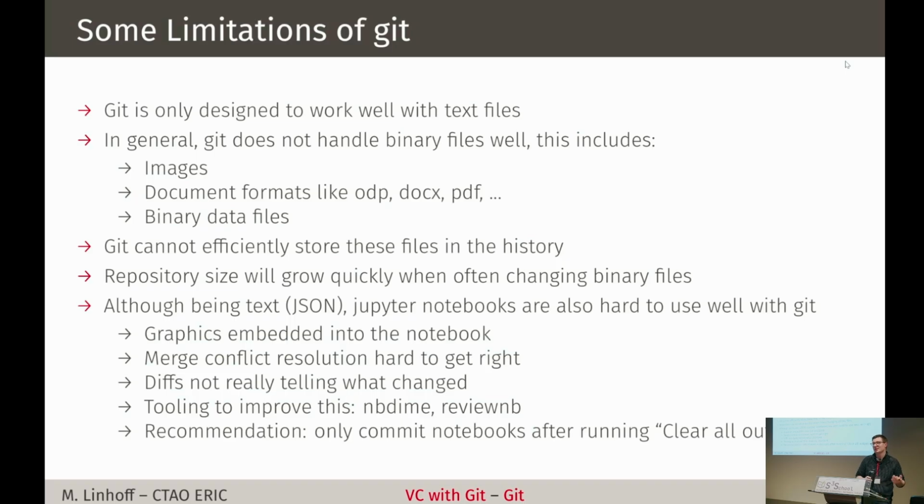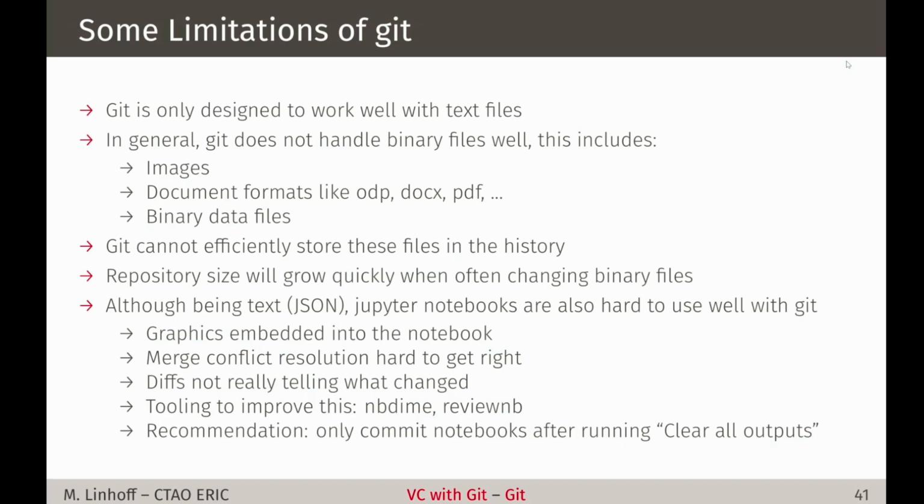You can read it, but merging the JSON, if you have a Jupyter notebook in a Git repository and you want to resolve a merge conflict, is really, really painful because you will have this complex JSON data structure, which technically is text, but really isn't simple text in the sense that you can just combine different lines and then it's fine. And there's some tooling, so there's NBDime and ReviewNB, which help you if you have a merge conflict on a notebook in a Git repository.